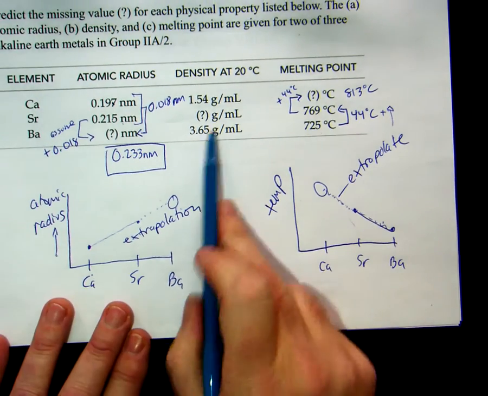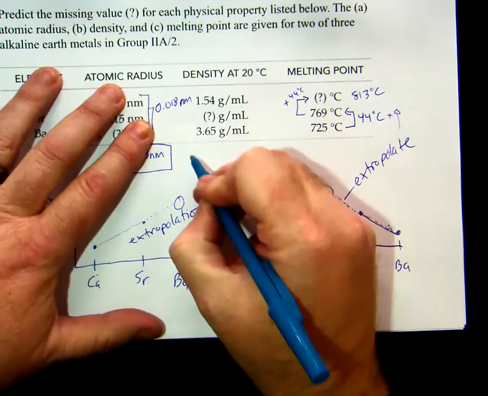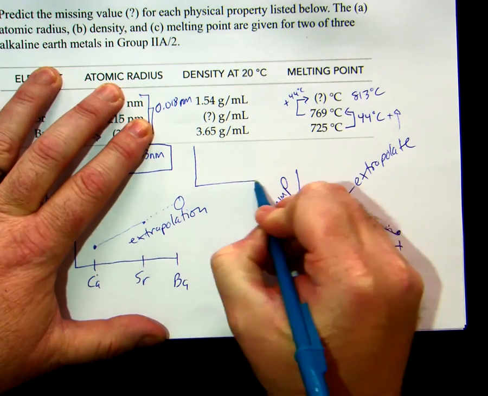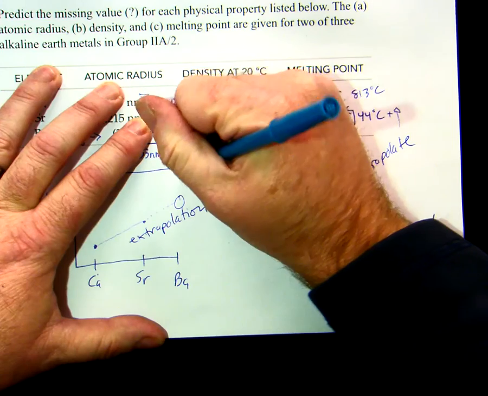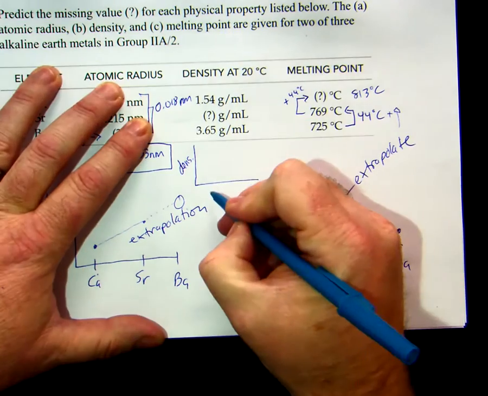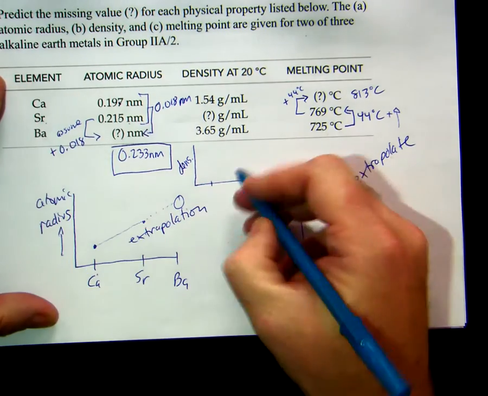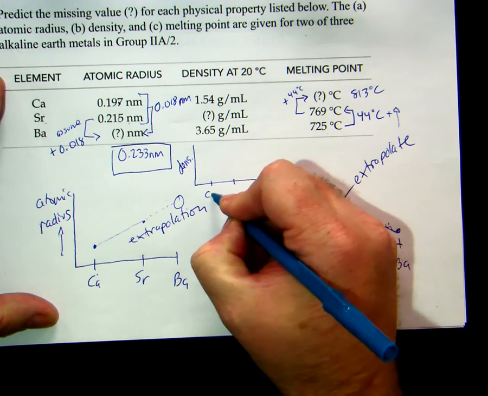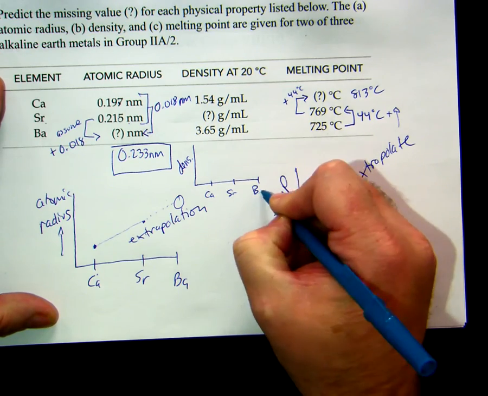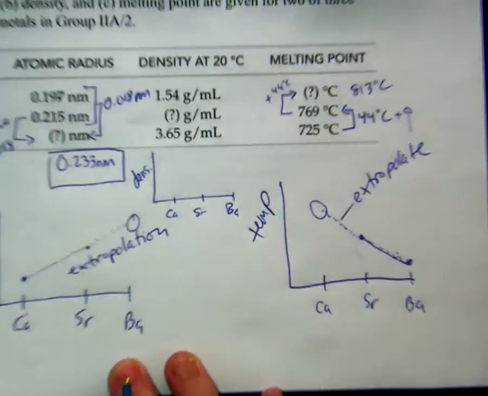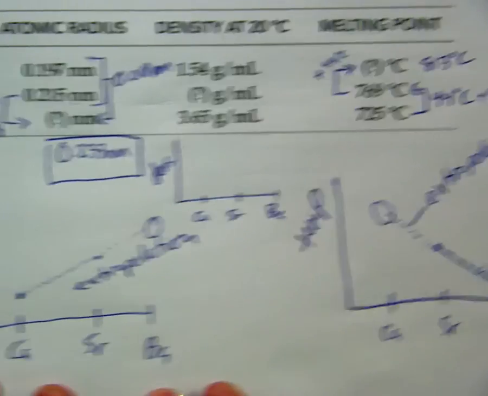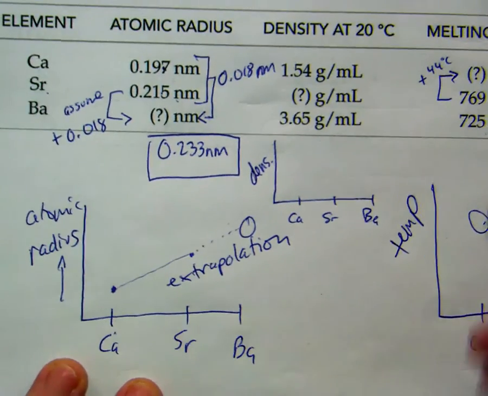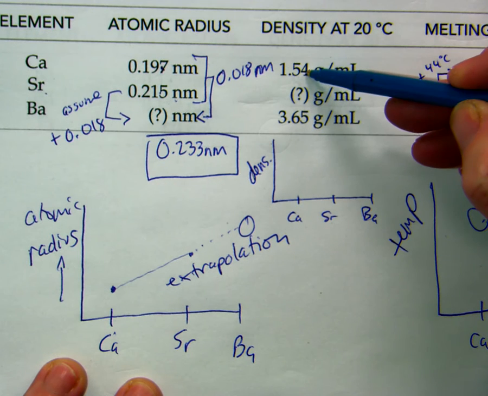But now we're talking about density. So this is density. And I have, again, calcium, strontium, and barium. And what we're saying is that we know calcium's density is 1.54.